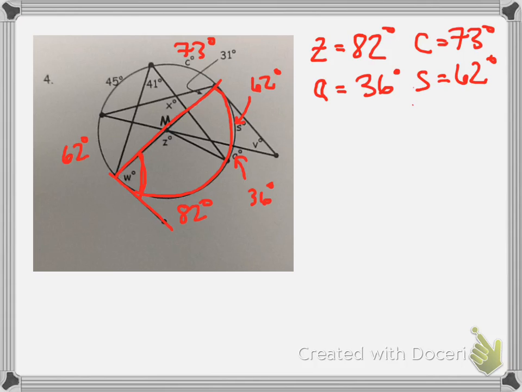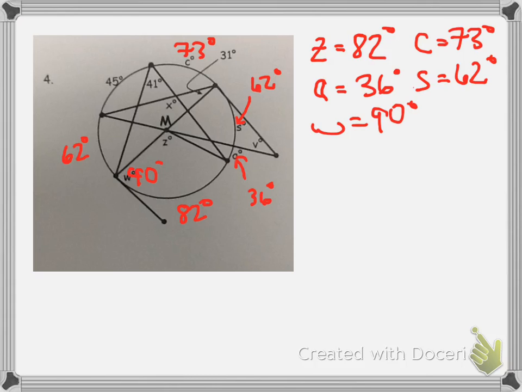Duh, Miss Hennebree. All right, all those together are 180, so we know that angle W has to be equal to 90 because it intercepts this whole entire half circle. Okay, so that means that W equals 90 degrees.